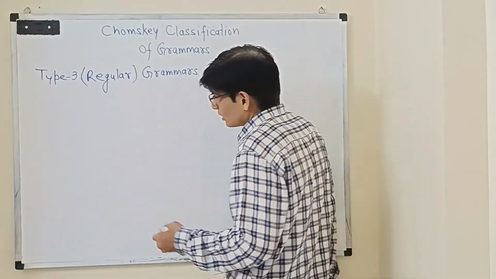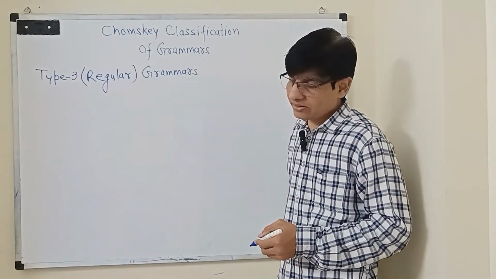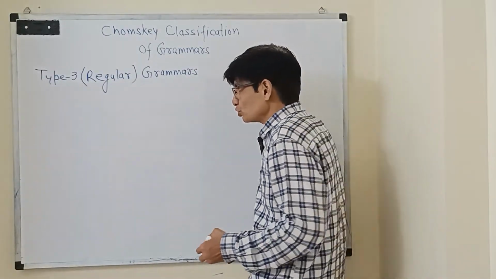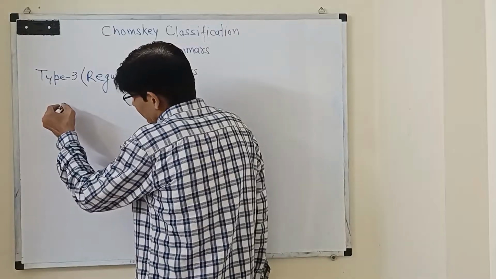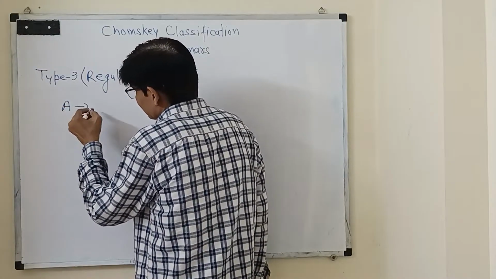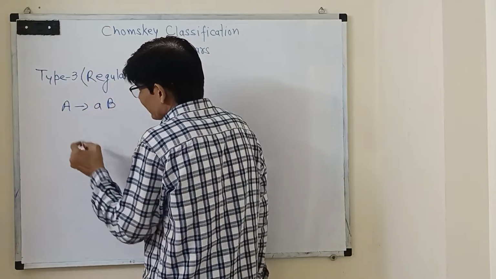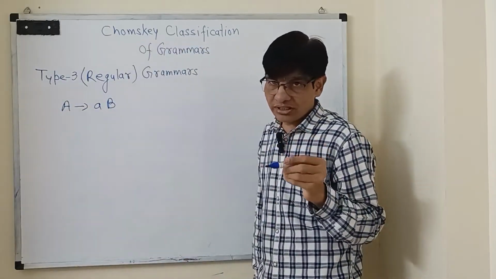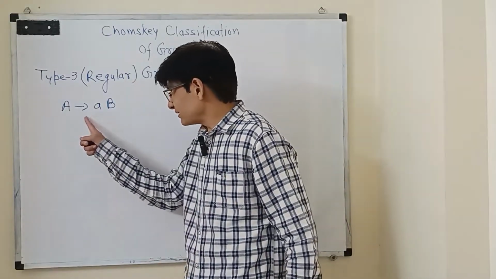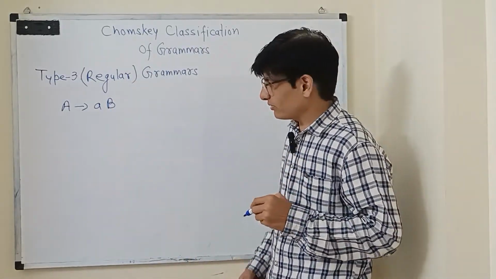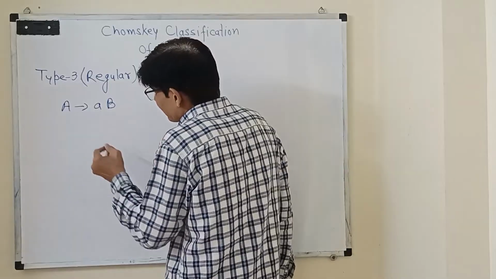So now, what kind of restrictions do we have in this grammar? Here we can have only two types of production. The first is A gives aB, where the left hand side has only one variable, and the right hand side has only one terminal followed by one variable.